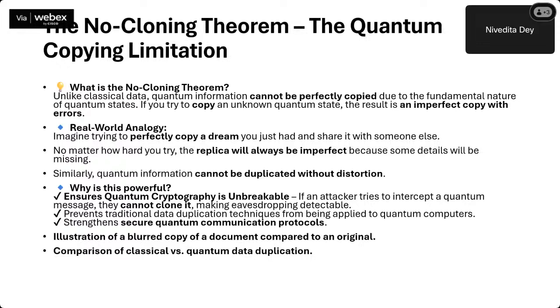But a Xerox machine does not need to be a very specific Xerox machine, right? It has to be a very generic algorithm. That is, if any paper comes with any kind of writing on it, I should be able to clone its content. Similar to that, for quantum cloning, this is not possible for an arbitrary quantum state.